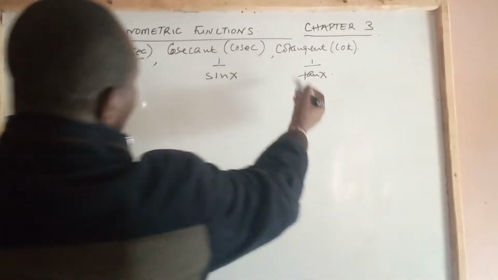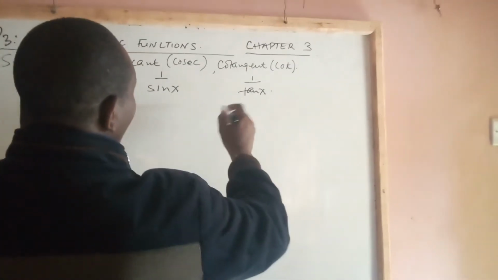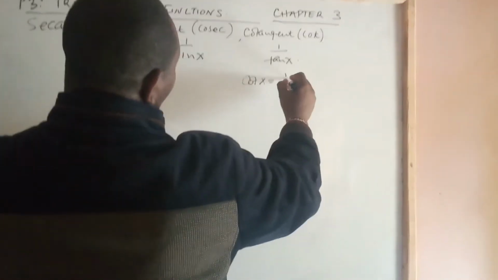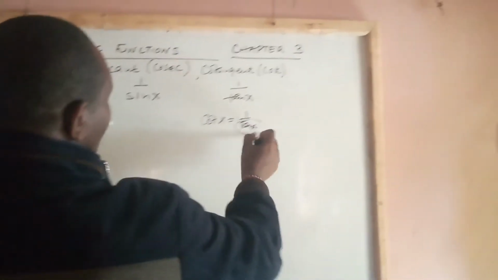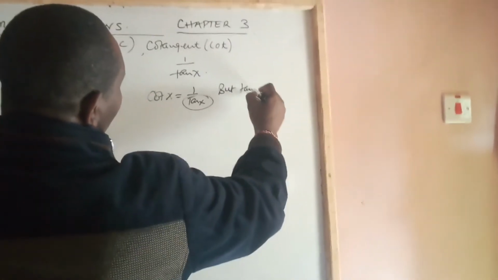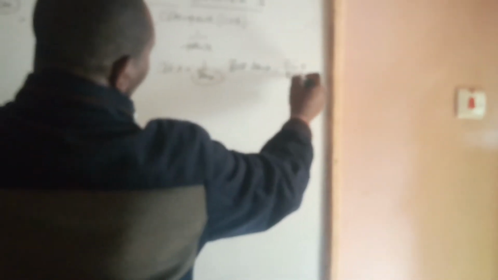But it's this part I want to highlight: the cot of x, which is 1 over tan x. We know the tangent of x is sine x over cosine x.